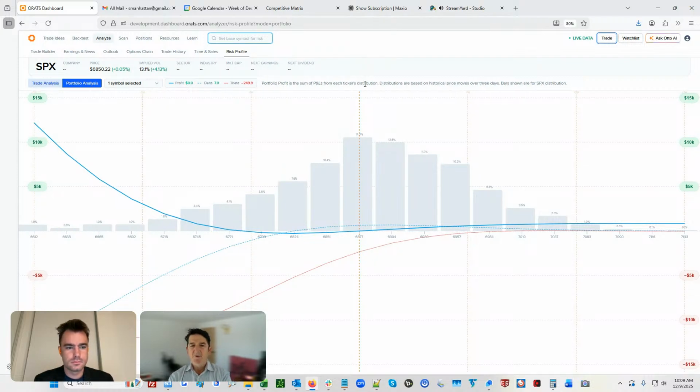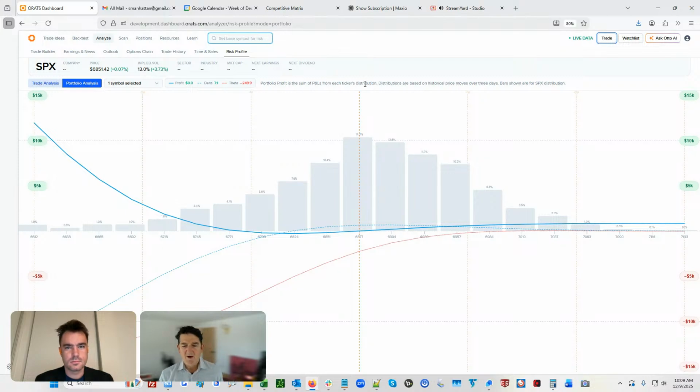Why not the expirations? Well, these are 0 DTEs, but we're going to have a bunch of different distributions out there, different expirations out there. So if we look at each trade's profit in 3 days, then you could combine them together.